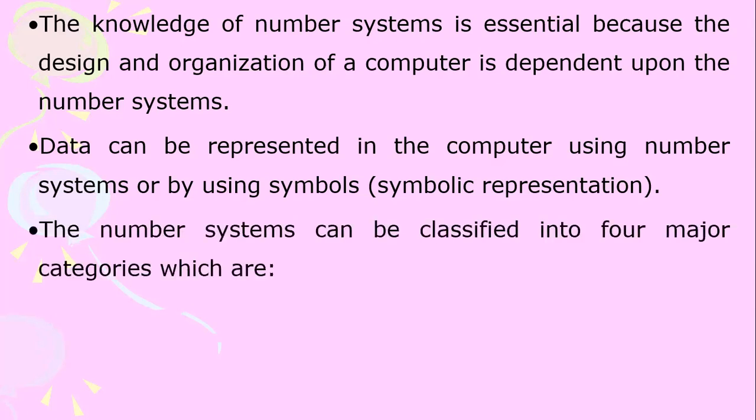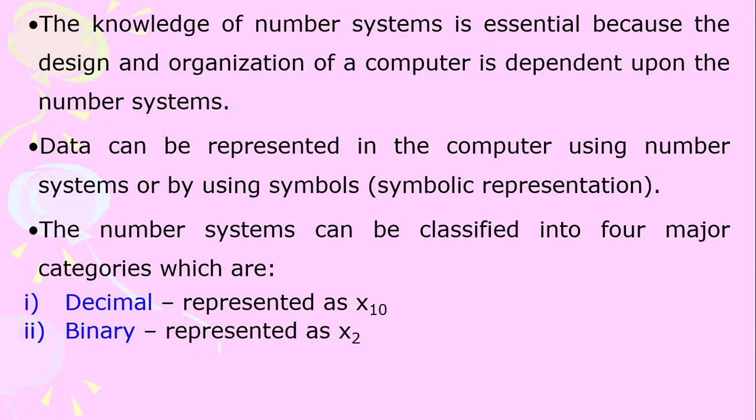The number systems can be classified into four major categories, which are decimal, normally represented as x base 10, binary, represented as x to base 2, so 2 illustrates binary and 10 illustrates that what you are dealing with is a decimal.